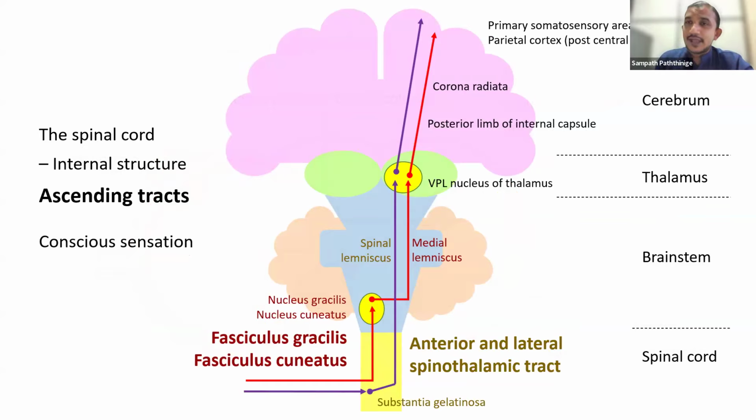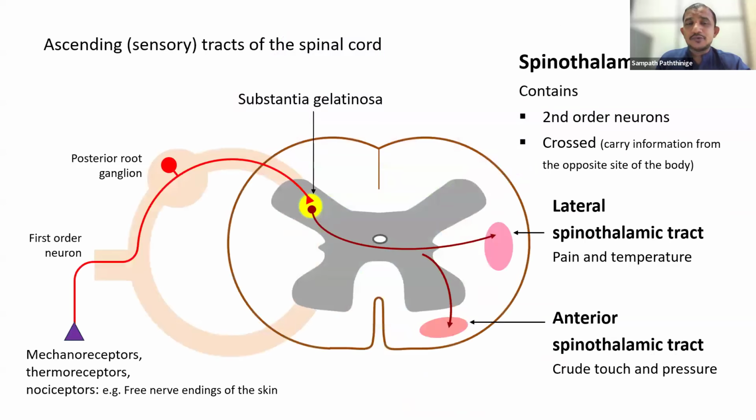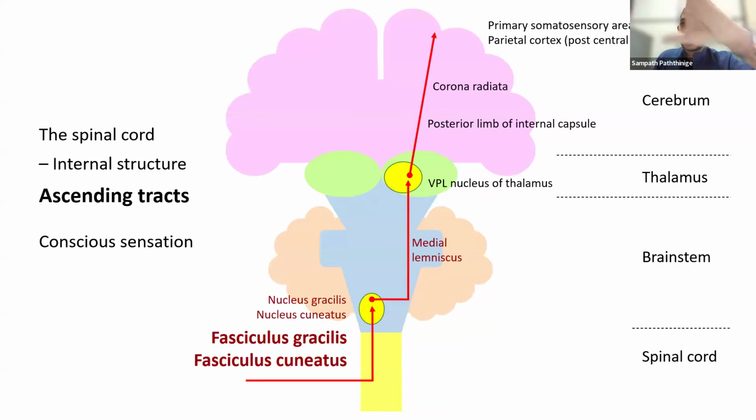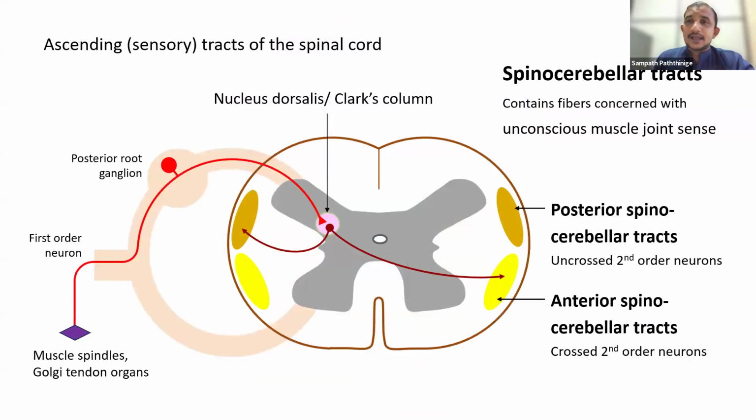It is better to have some idea about the overall pathway. The previous diagrams show the different types of receptors and where the cell body of the first order neuron is. So you can combine both diagrams into one comprehensive diagram for each pathway. I saw that this was asked in a past paper question, so you should be able to draw it, or at least outline the pathway using a flow chart.